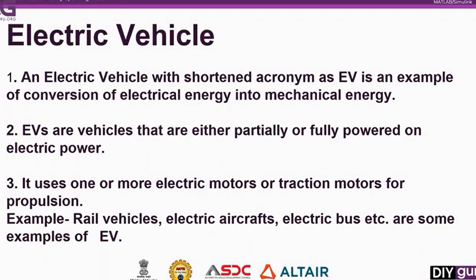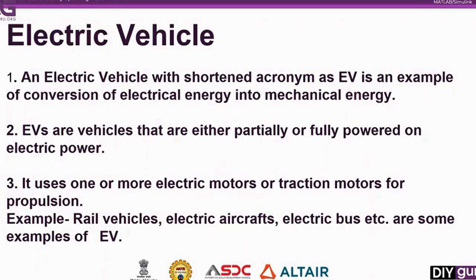The examples will include rail vehicles, electric aircrafts. So when we say this vehicle can be powered by a collector system using an off-the-vehicle energy source, we are talking about railway vehicles particularly. You may have seen electric locomotives in your city, or in the Indian Railways itself.